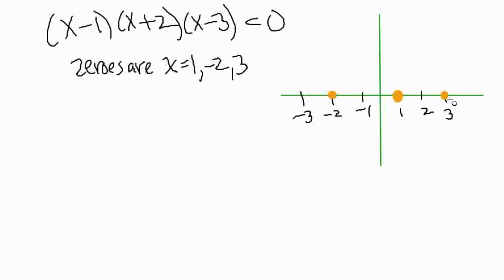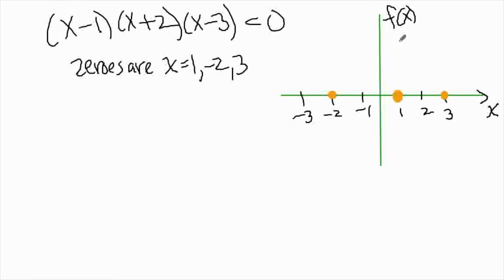Now, if it only crosses the x-axis at those points, notice that between two points, the sign can't change. Let me repeat that. f of x between those x-intercepts cannot change sign, because in order for the function to change sign, it would have to cross the x-axis again. And we just said that it only crosses the x-axis at those orange dots.